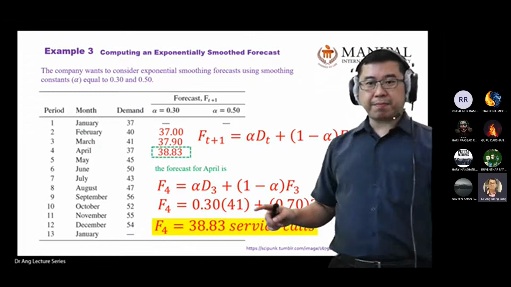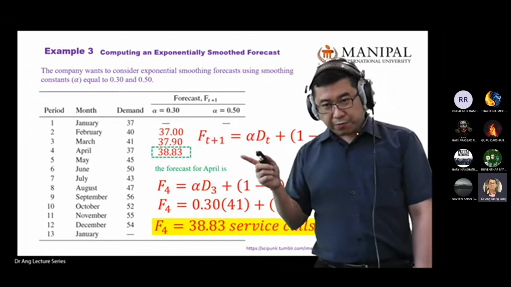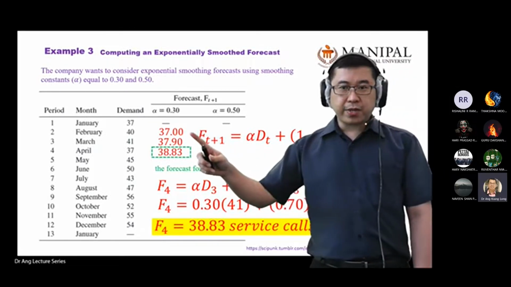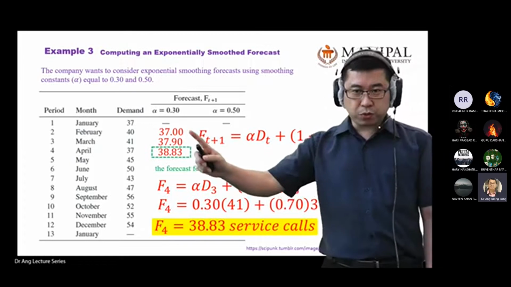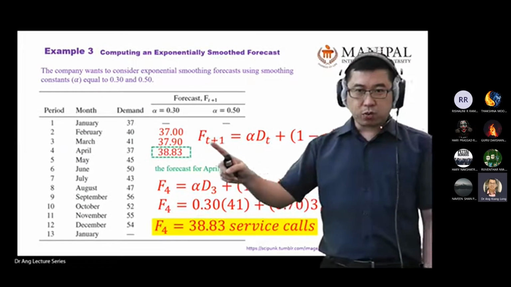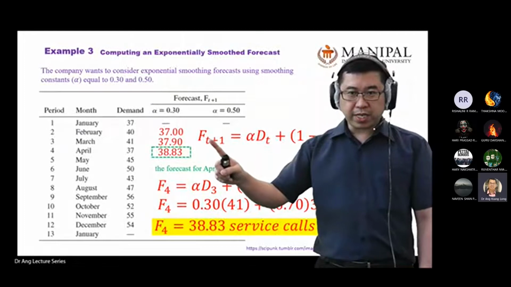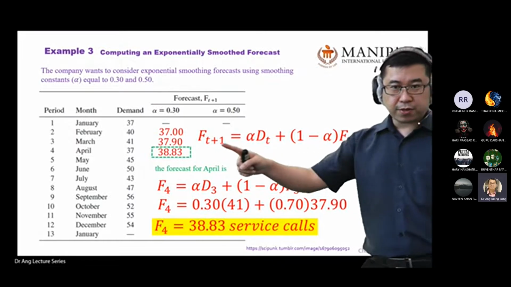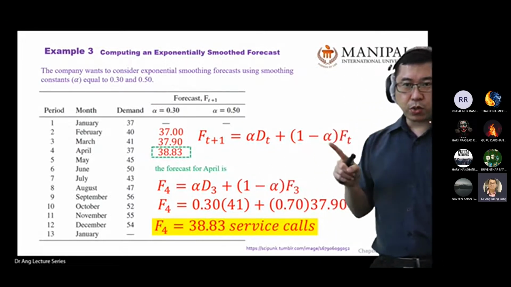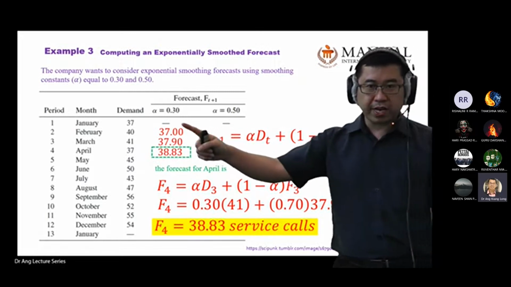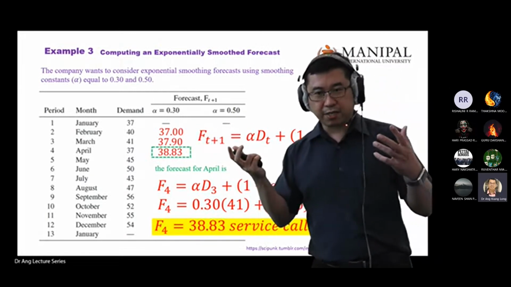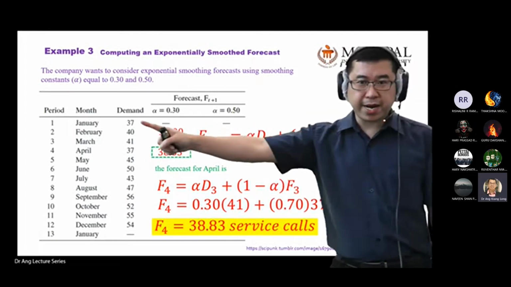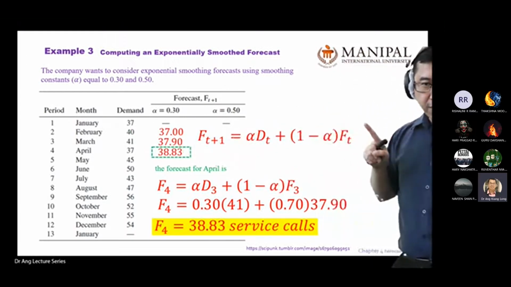Okay, the important step is the first one. We reverse the concept a little bit. How do you get 37 for the first one, F2? For F2, your t is 1, demand 1, forecast 1. To calculate 37, you don't have forecast 1, because the first month is the starting month. What you do is use the first month's demand as your forecast 1.